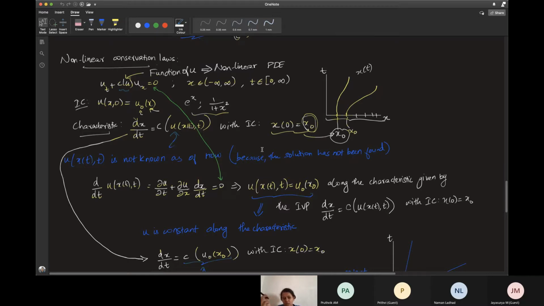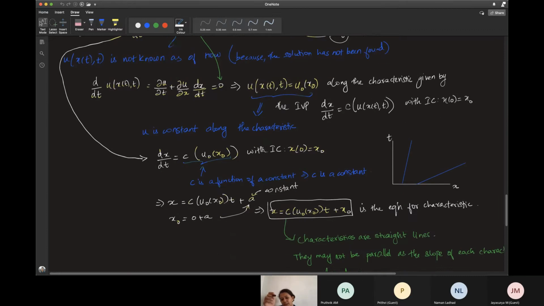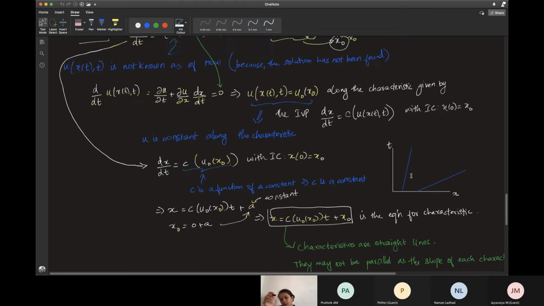In the previous case, c was a function of x and t, where x and t are just independent variables. Here, c is a function of the dependent variable itself, which is u. In this case, the characteristics were straight lines, but at each and every initial point, the slope of the characteristic was different.